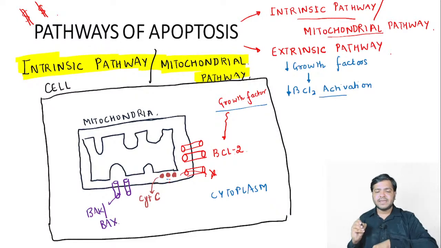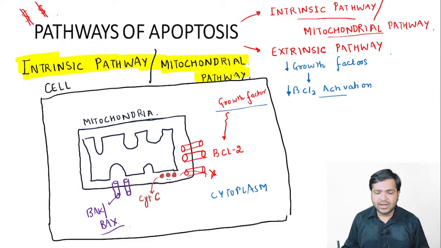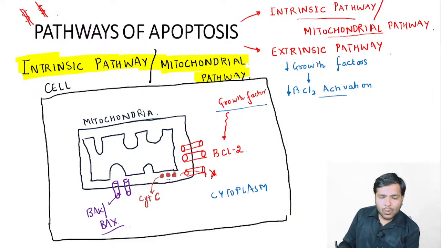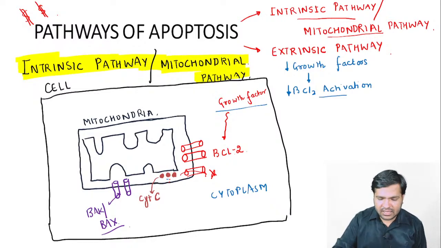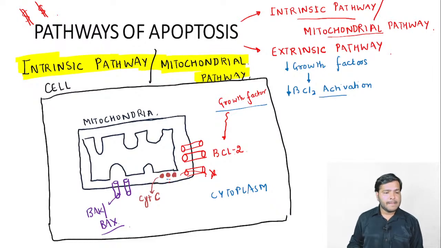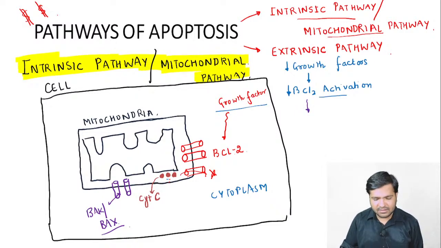Now, can anyone tell me, BAC or BAX, right now we have written, which type of apoptotic genes are they? What will happen with this decrease in BCL2 activation because of the decrease in growth factors?